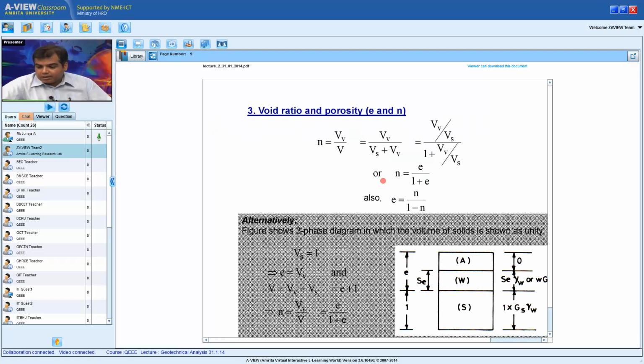The third one is in fact the relationship between porosity, that's n, and void ratio, which is e. Let's look at the definition of porosity n. n was defined as volume of voids over total volume. What's the total volume? Total volume is the volume of solids plus the volume of voids.